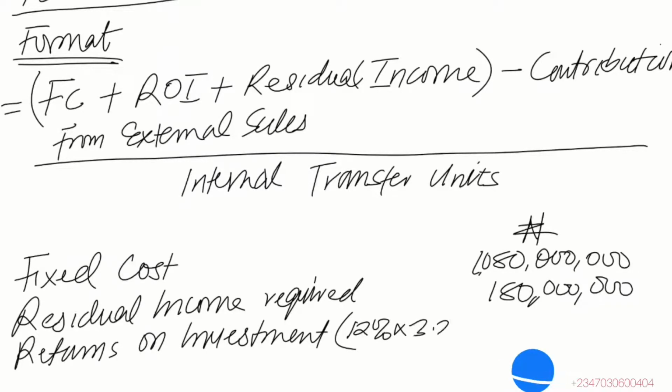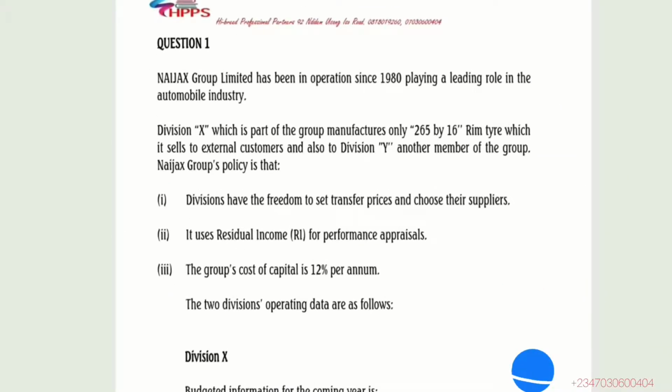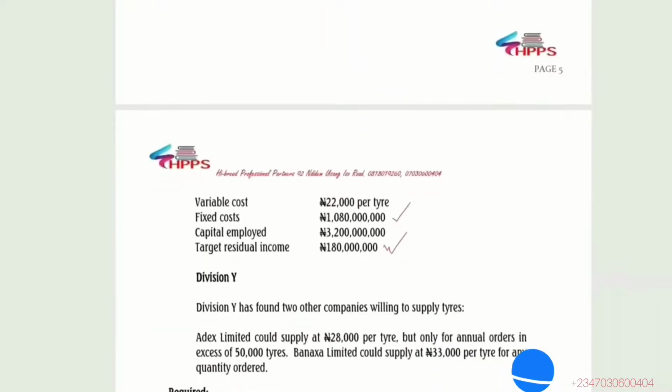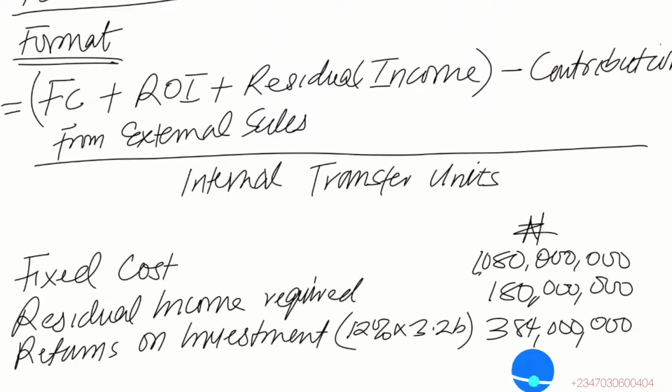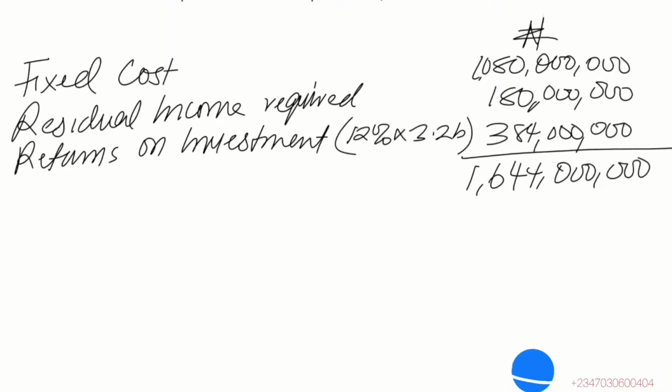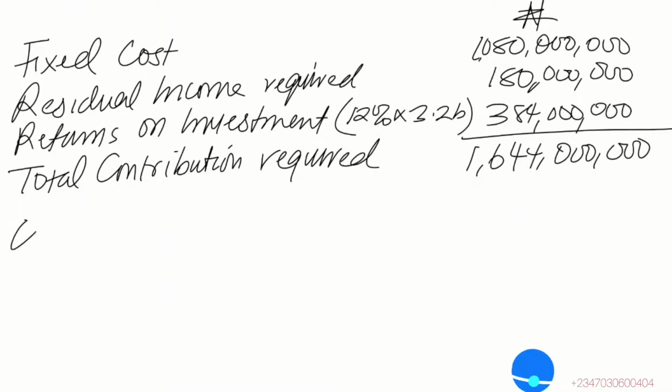The return on investment is 12% of total investment of 3 billion, 2 million, which will give us 348 million. Now, if we've gotten that, the next thing we'll have to do is to add up those values. We'll have 1,648,000,000 total contribution before external sales.